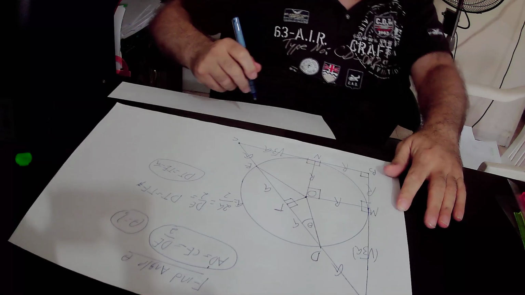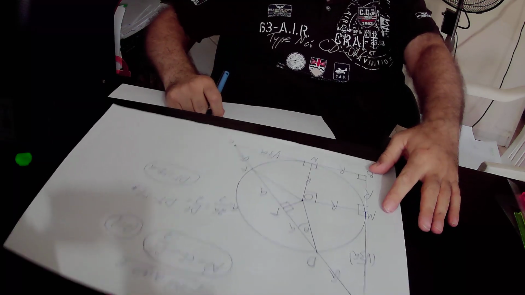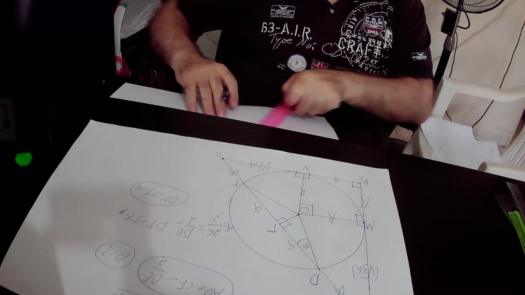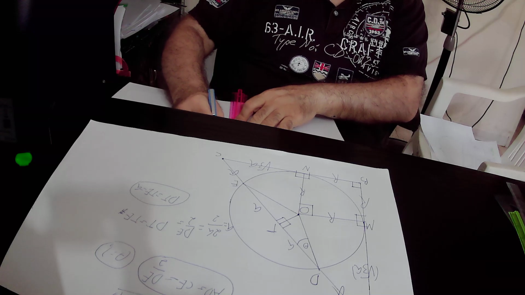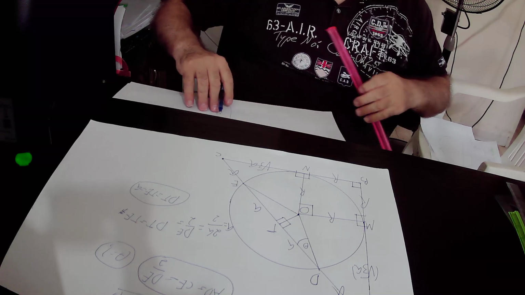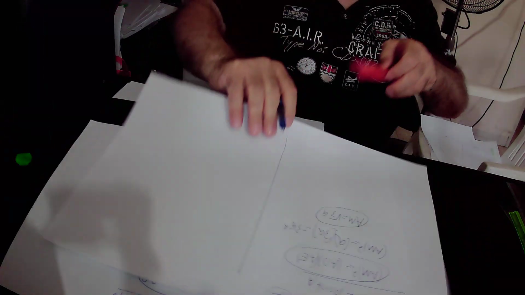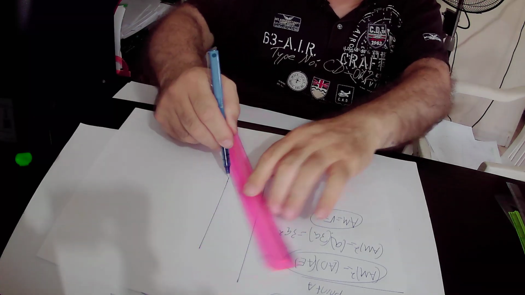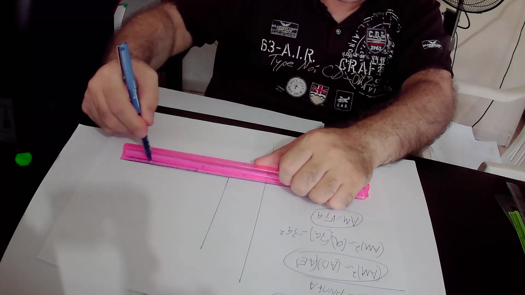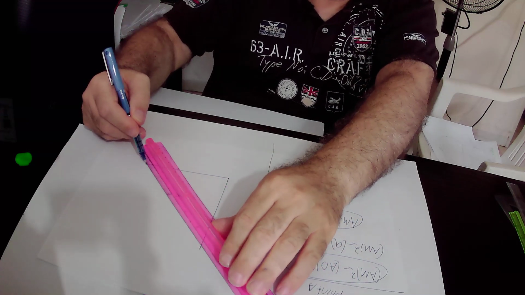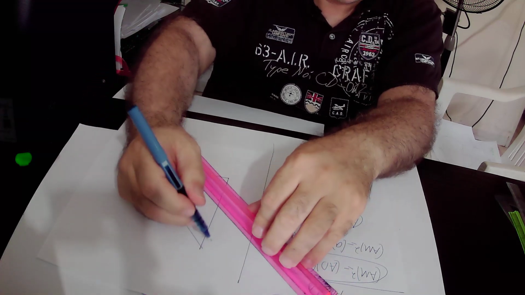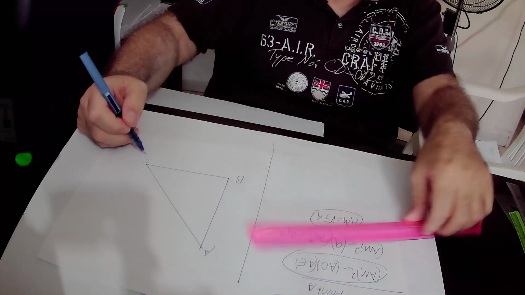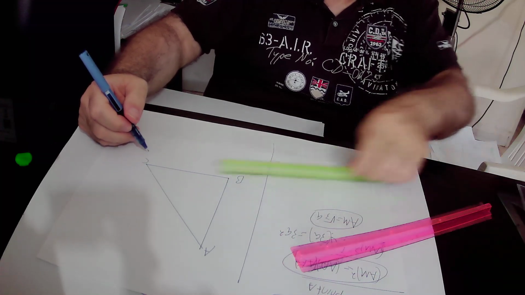Okay, so in the next step, I will copy the right triangle ABC to a new page, and we'll analyze triangle ABC. Here's triangle ABC, that is a right triangle, of course. Angle ABC equals 90 degrees.